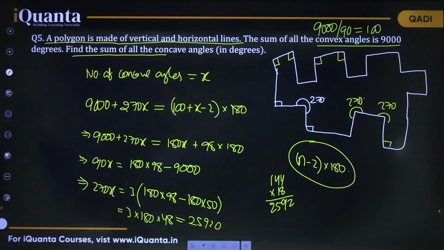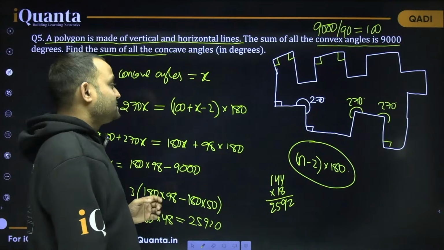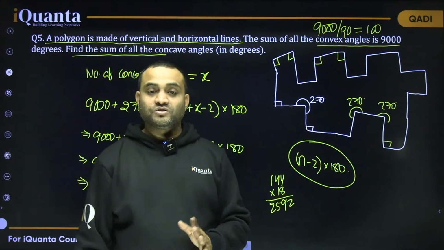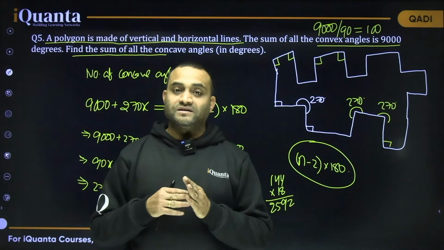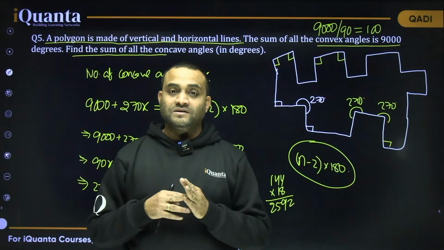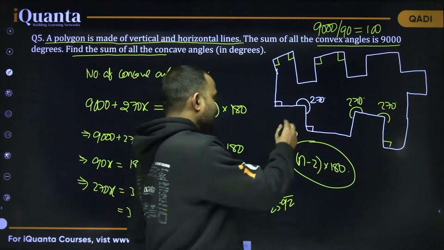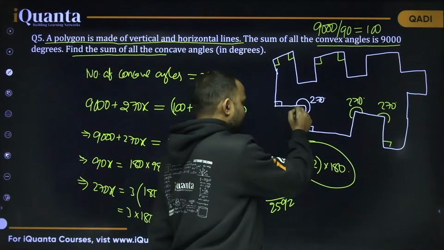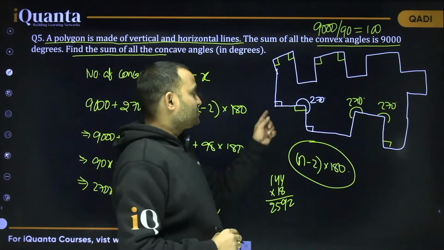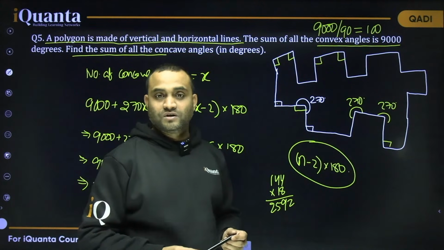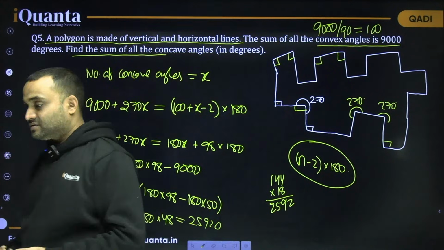How do we know the angle is 270 degrees? See, if you use only vertical and horizontal lines, they will be perpendicular to each other, right? They will be perpendicular to each other. So if this angle is 90 degrees, then here the interior angle is 270 degrees. Will it be? Tell me, will it not be?